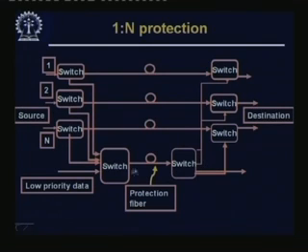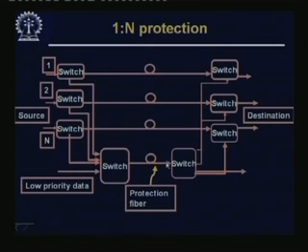Of course, these two switches have to communicate that the ith one has failed, or this switch may sense that this line has gone down, so it will take the signal from this line.